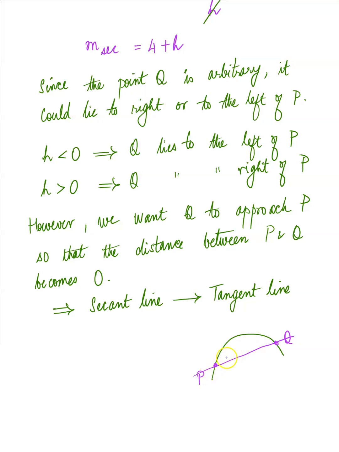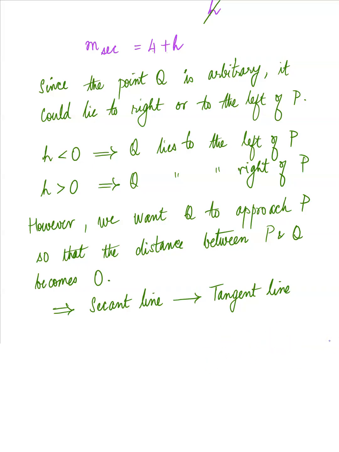And if Q is moving along these points, and say your Q is right there, can you see the secant line is almost turning into the tangent line? So the secant line becomes the tangent line.